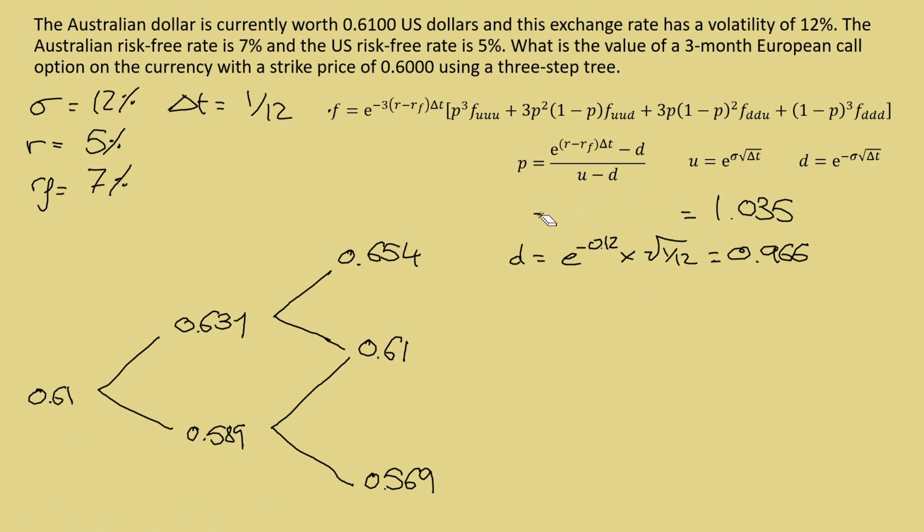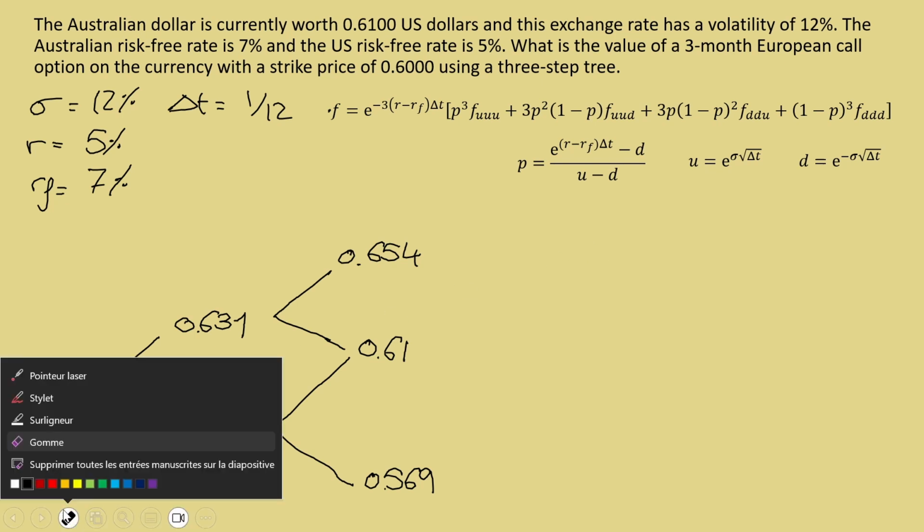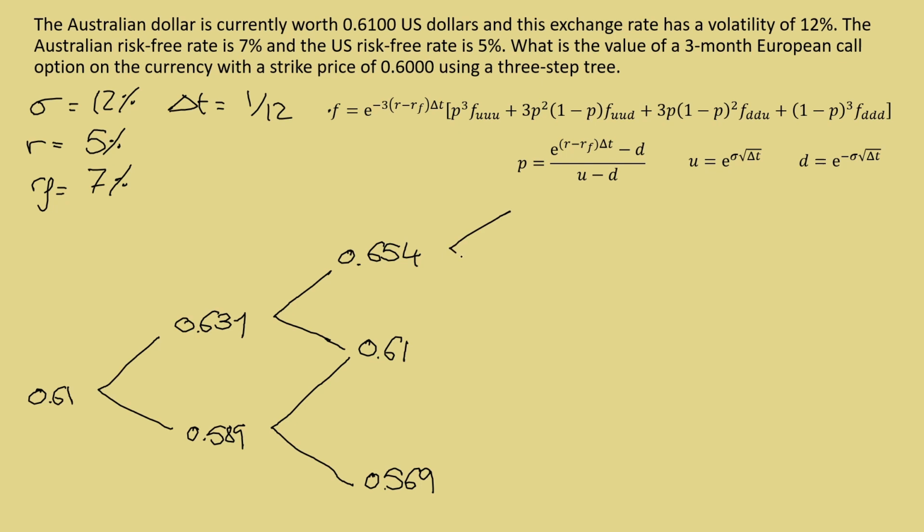So let me get rid of this. And so again, we're going to multiply by U and D to get the final currency values. So here we're going to get 0.677 when we multiply this number by U. Then 0.654 again times D, we get 0.632.